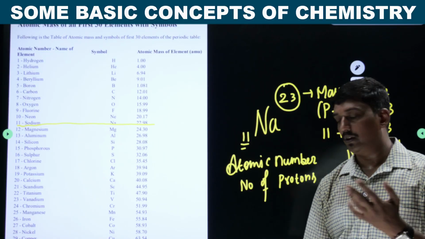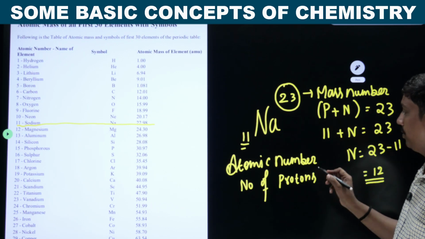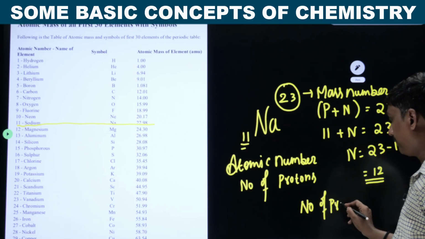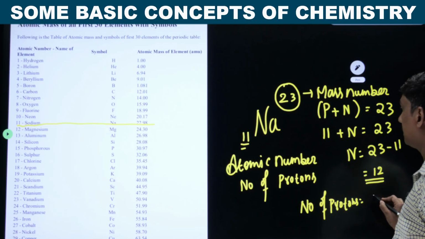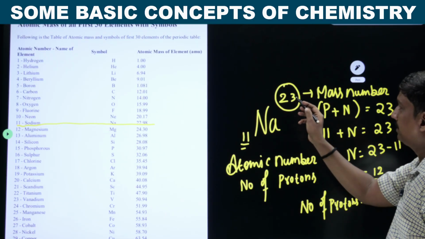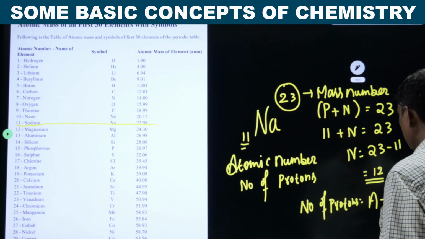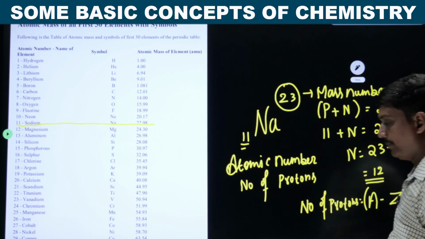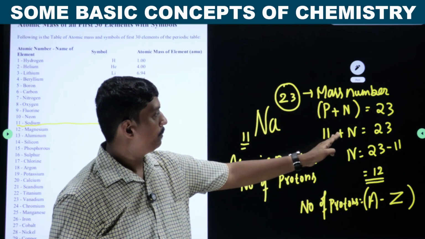So the number of neutrons can be calculated by the formula A minus Z, where A means mass number and Z is atomic number. With this we can calculate the number of neutrons.